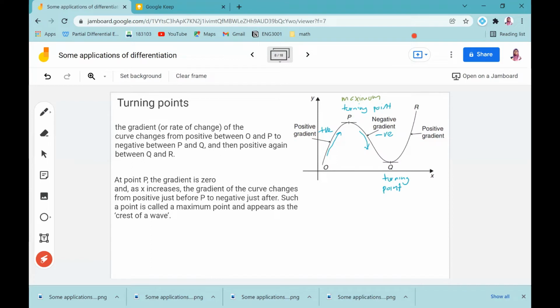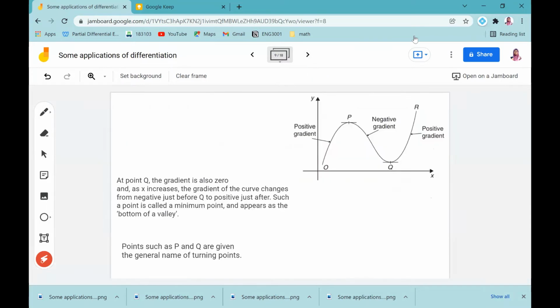And then let's look at Q. Let's have a look at the gradient before turning point Q, which is the left side. It is going downward, so it is a negative gradient.